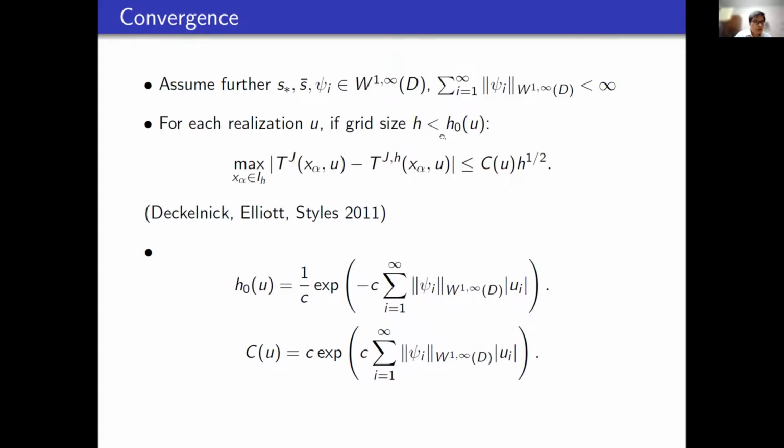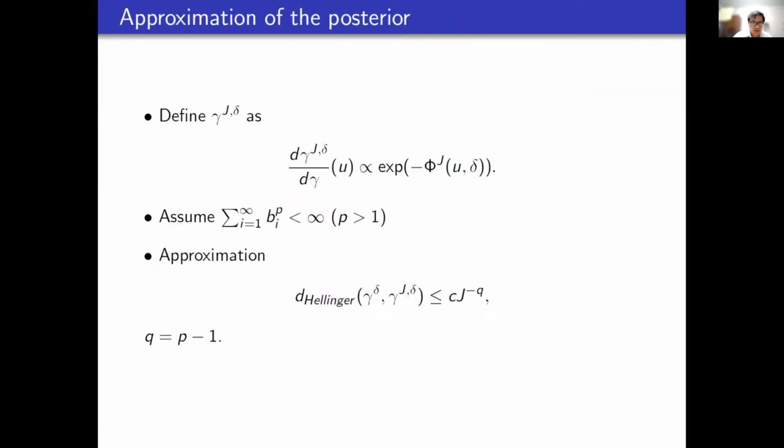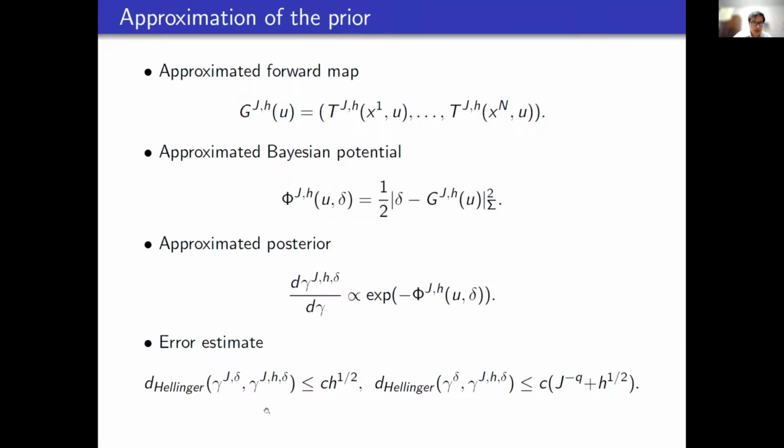But we can still show that the Hellinger distance of the gamma_J^delta and this gamma_Jh^delta, where gamma_Jh^delta is defined here, is less than C times h raised to the power 1/2. So the gamma_J^delta is the one that we define in terms of the solution of the truncated equation, which is defined here. So we still have a bound that is C times h to the power 1/2.